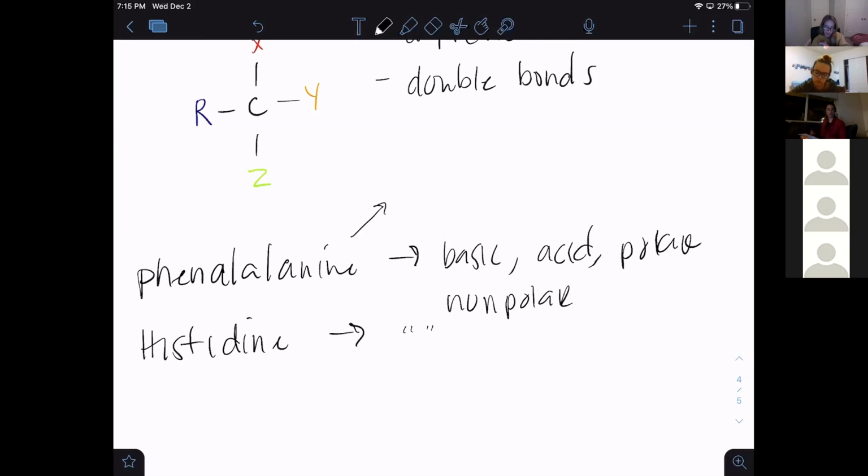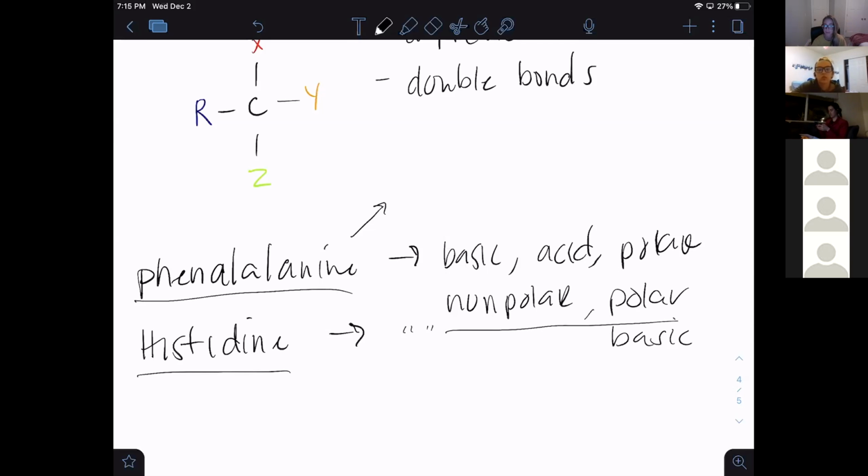So it's very important that you know what phenylalanine is and what histidine is in terms of just a general understanding of what they are for amino acids. Okay, that's what I mean right here. Which one are they? Basic, acidic, polar, nonpolar, etc. So you need to know their functionality in that case.